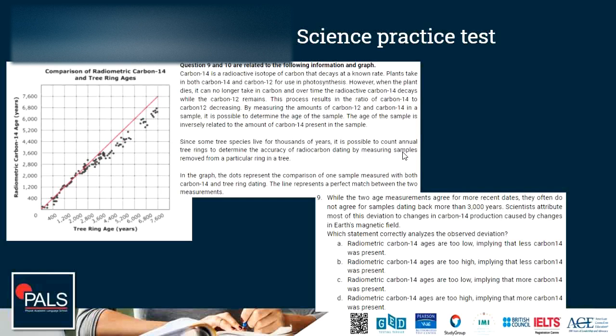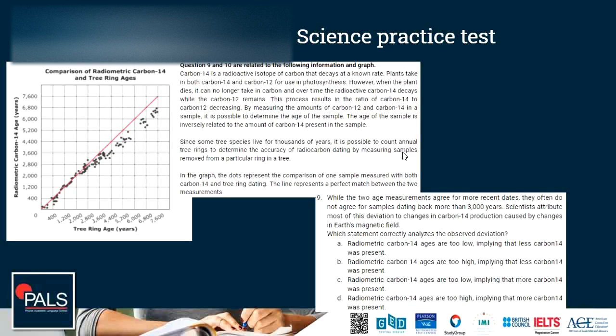By measuring the amounts of carbon-12 and carbon-14 in a sample, it is possible to determine the age of the sample. The age of the sample is inversely related to the amount of carbon-14 present in the sample.